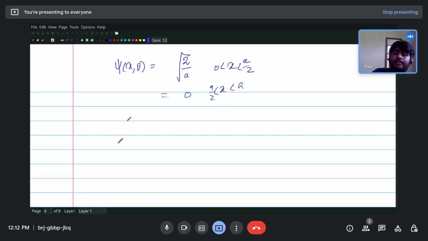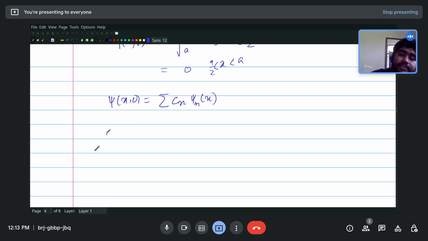Okay, so these are the two cases. So first I want to resolve this psi x,0 into these eigenstates, so the sum of Cn psi n x. Okay, so how do I find Cn? Because this is partly in the box, it is the integral from 0 to a of psi n x and psi x,0.